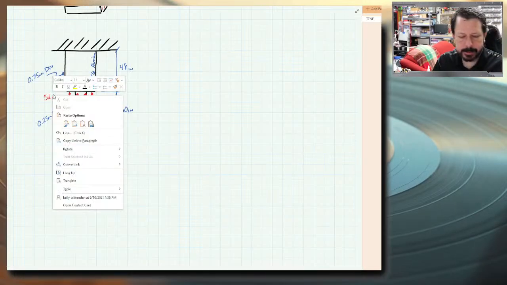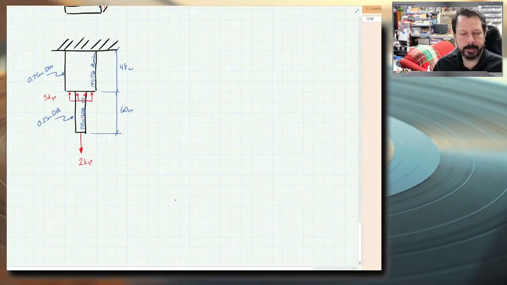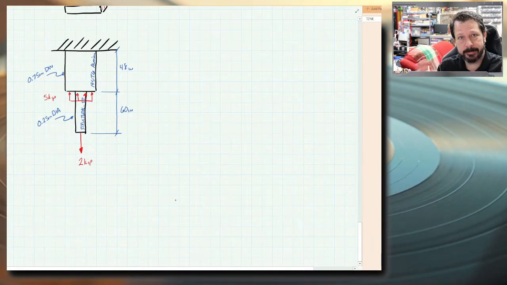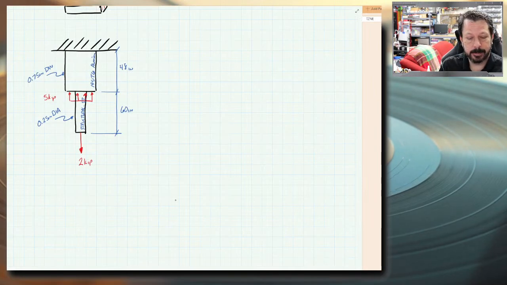So there's some piece that's not shown, maybe some kind of ring or whatever that's around the structural steel piece, and it's pushing up on the aluminum piece, if that makes sense. And I've connected all of these arrows together kind of to show that it's evenly spaced. This 5,000 pounds is evenly spaced around the aluminum part.